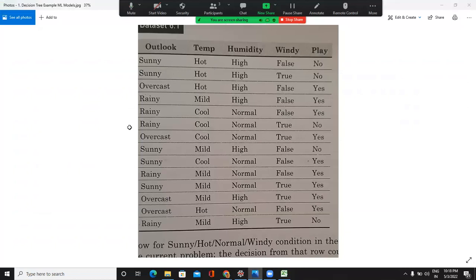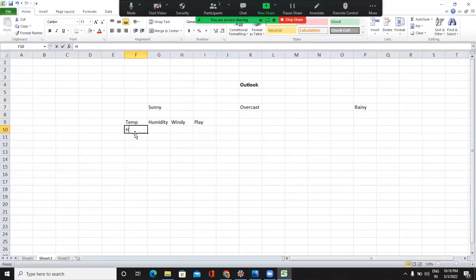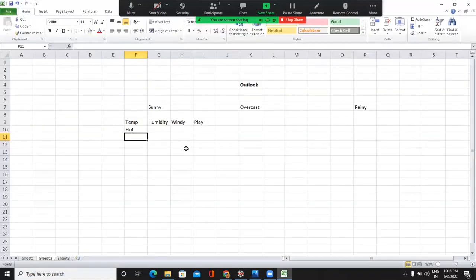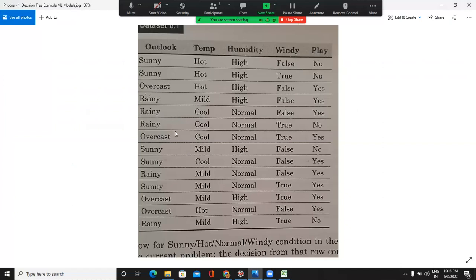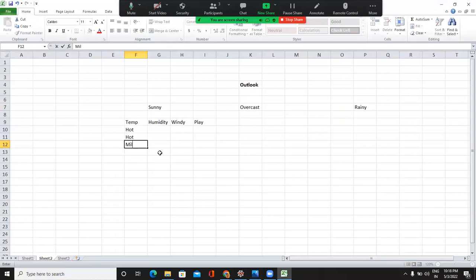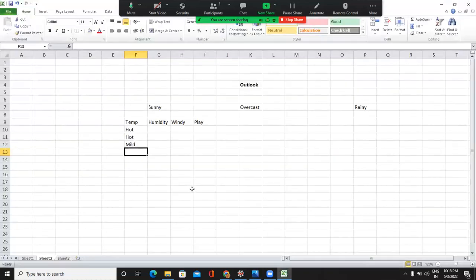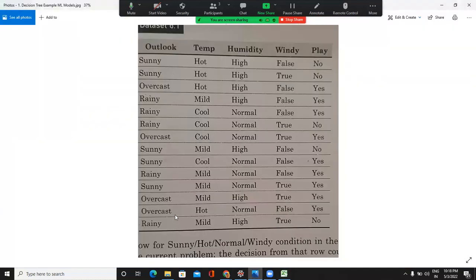So once it is hot, temperature is hot, again hot. Where is sunny again? Yes, here is sunny and temperature is mild. Then sunny, cool. And any other sunny? Yes, sunny, mild.